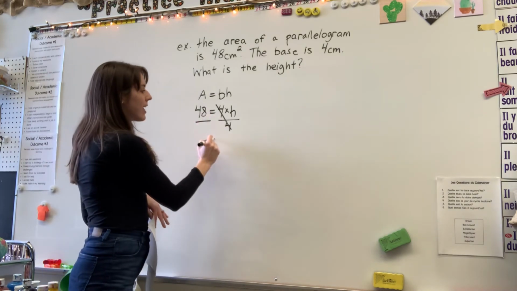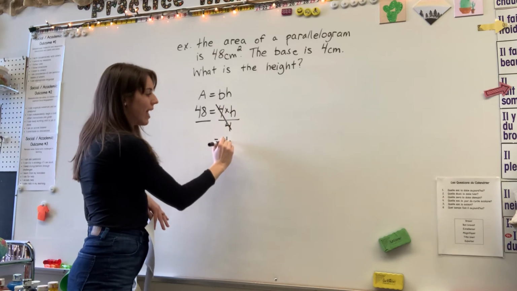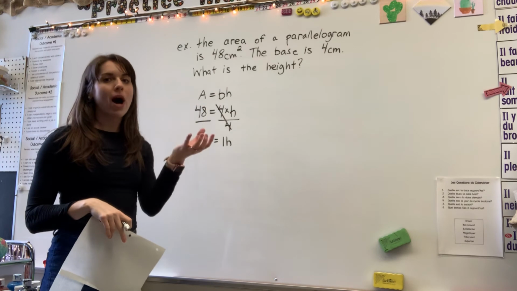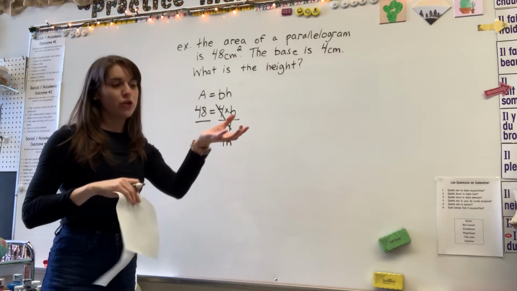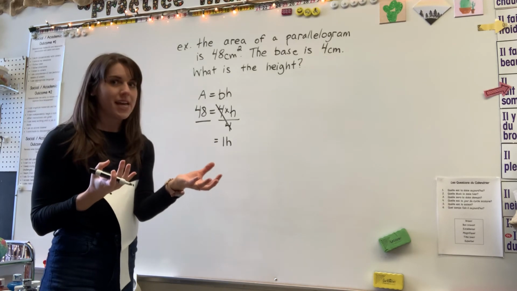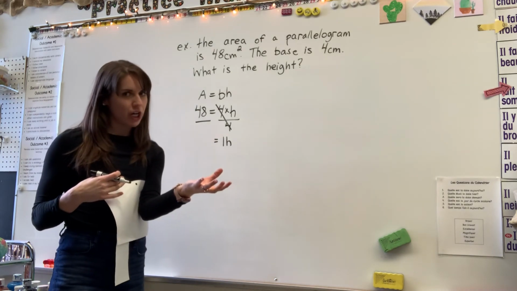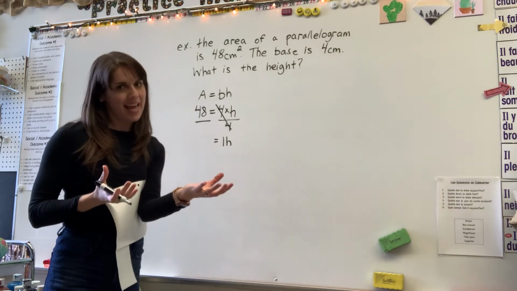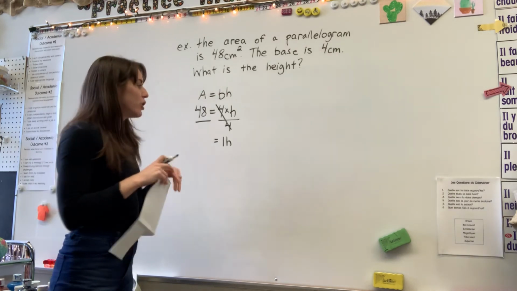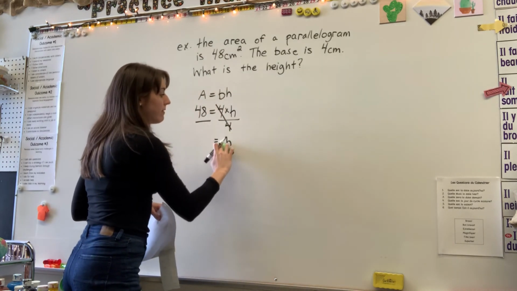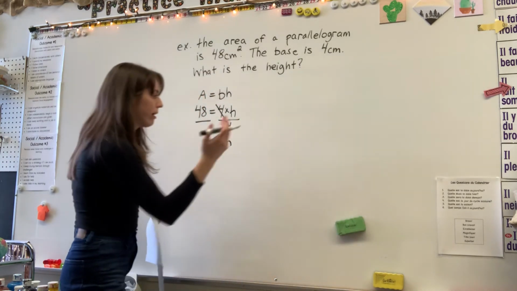So you technically have 1 H left over, but if you have 1 apple, you could also just have an apple. You don't need to say the 1. If you have 1 hamburger, 1 H, you could also just say I have an H, right? So you don't even need to put the 1 there. So the 4s, they're no longer there.